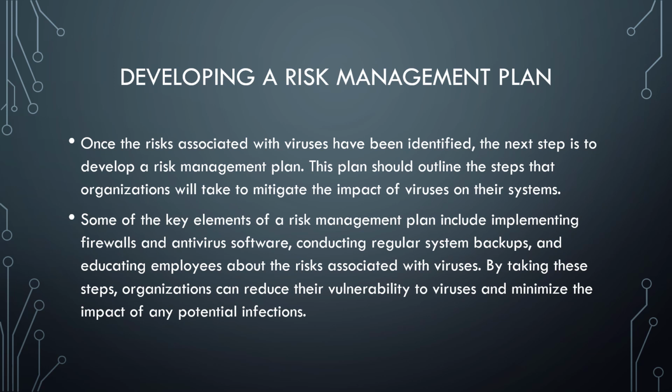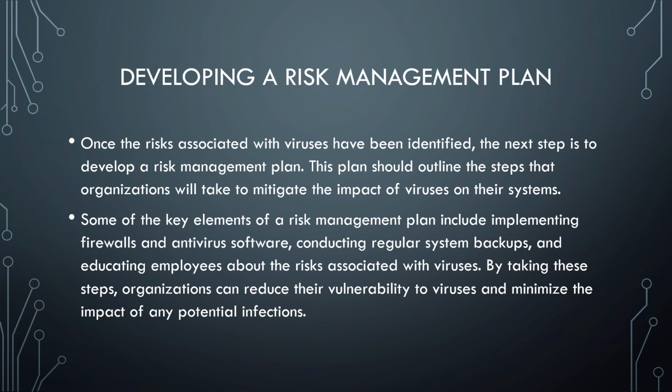Developing a risk management plan. Once the risks associated with viruses have been identified, the next step is to develop a risk management plan. This plan should outline the steps that the organization will take to mitigate the impact of viruses on their systems.